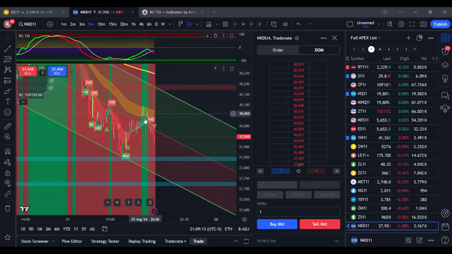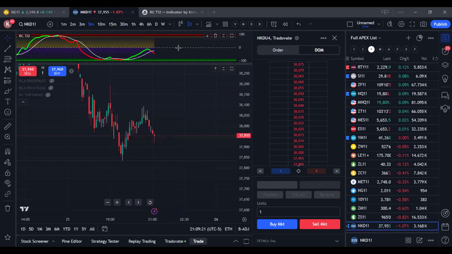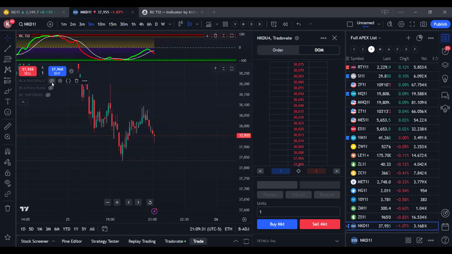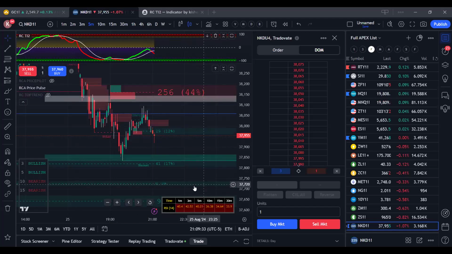So you come with NKD, orange cloud, red cloud, sell signal, red background. You have red here, green turned to red. You got a sell signal. 3-5 bullish, everything is red.